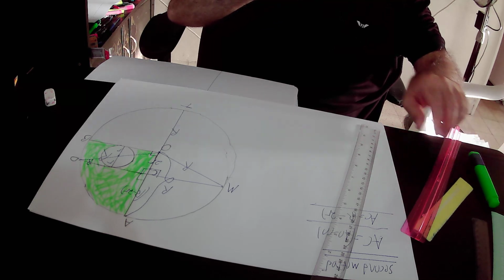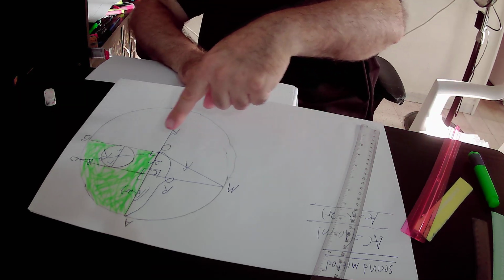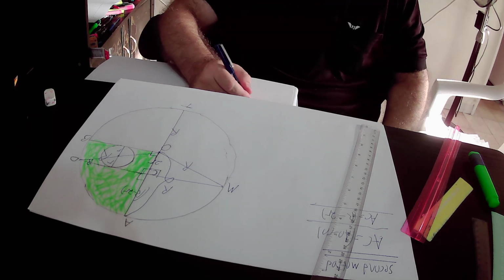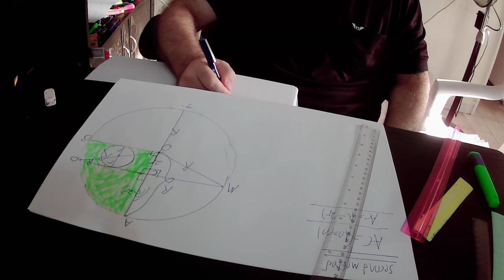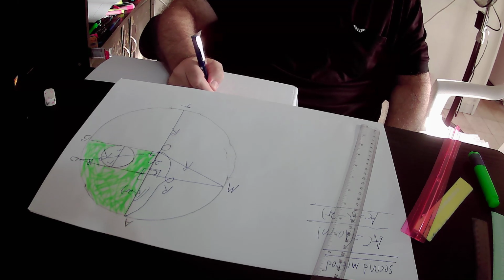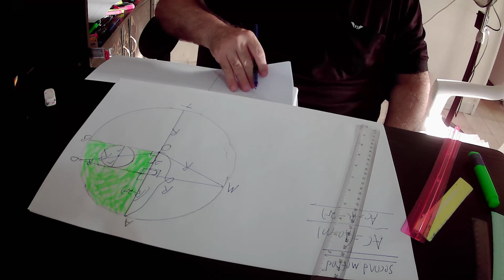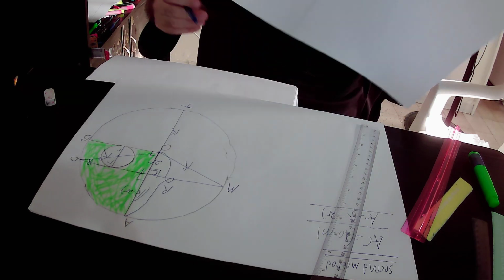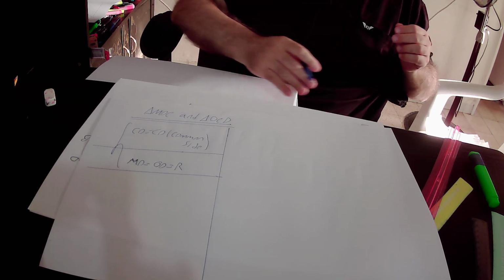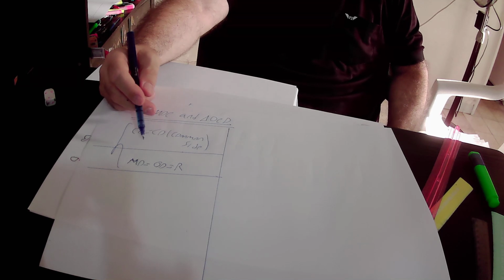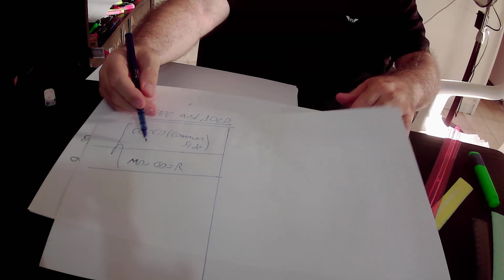In addition, side MO equals side OD. They are both the radii of the big circle, therefore they are equal to each other. MO equals OD equals capital R. So we actually proved that one perpendicular and the hypotenuse of those two right triangles can go in.